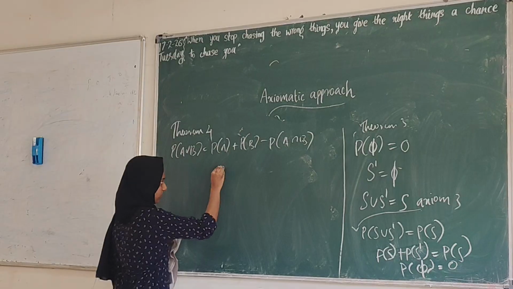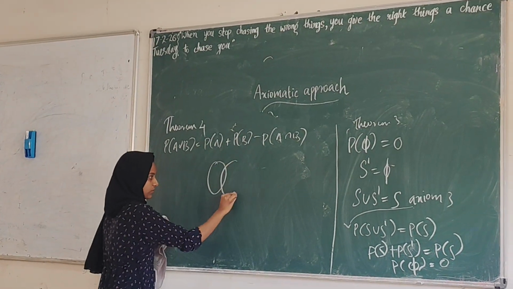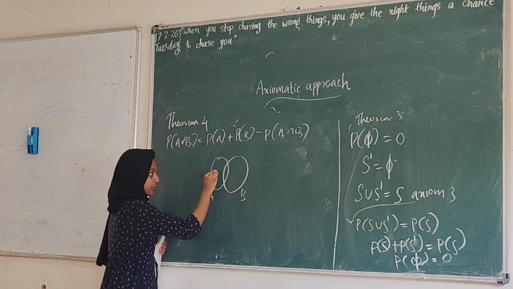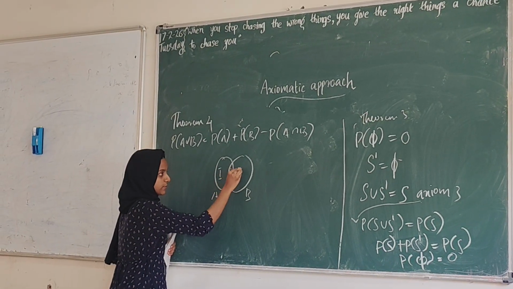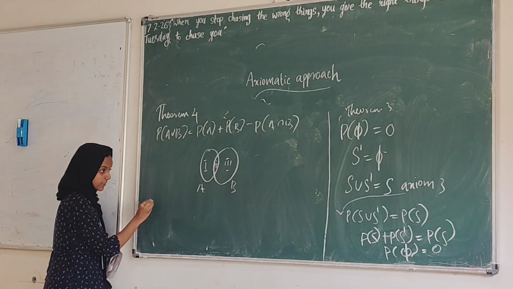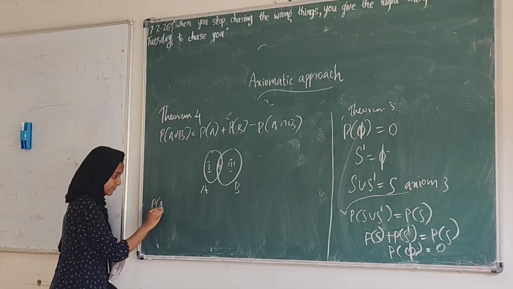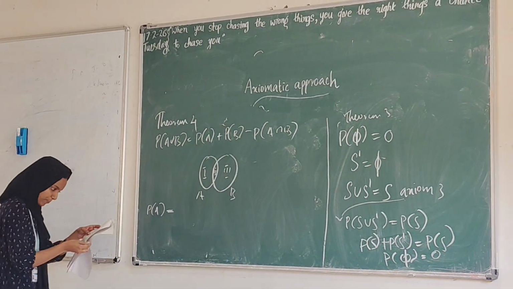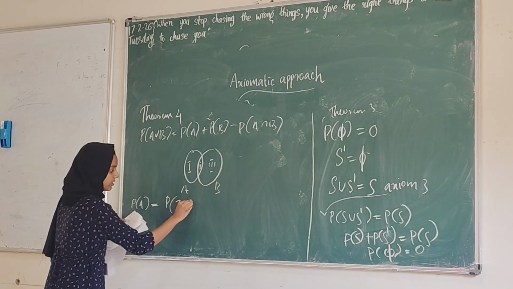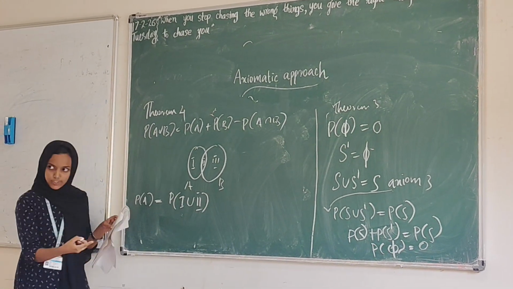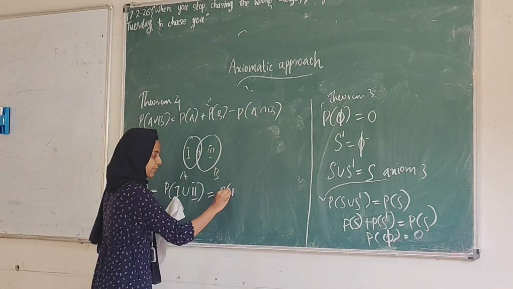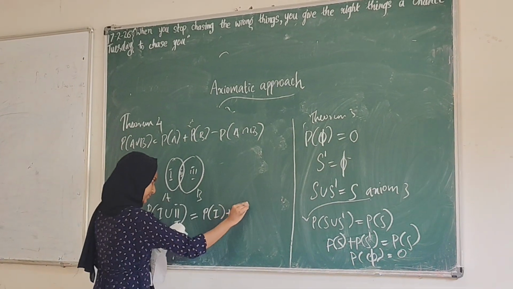Consider this as A, this as B. So I take these as regions 1, 2, 3. From this, P of A is equal to P of 1 union 2, so we can write this as P of 1 plus P of 2.